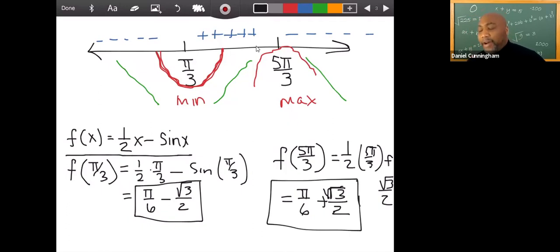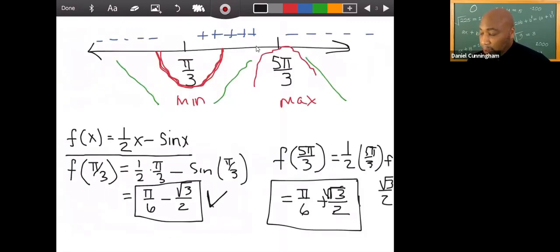So when we write our final answer, this is how we're going to write it. For the max, and we're going to go to a new screen. So let's start with the minimum. The minimum, we said it was pi over 3. And the y value that we found, let's go back to our previous, it's this one right here.